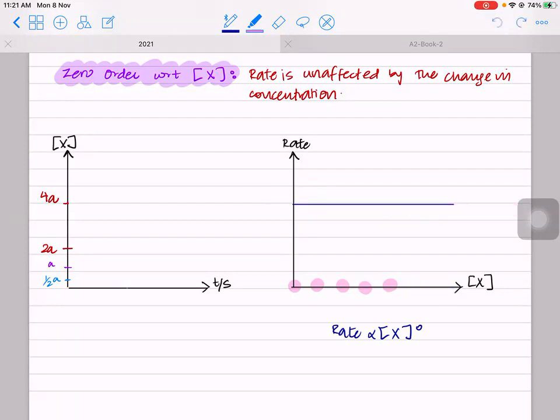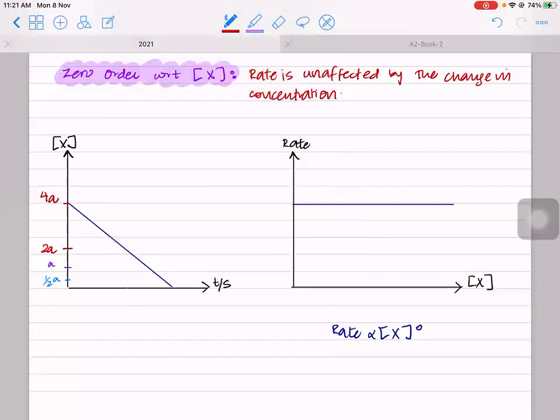So this is what the rate concentration graph for zero order looks like. Clear? Let's now see concentration time graph. A concentration time graph for zero order looks like this. It's a downward sloping line. All right.